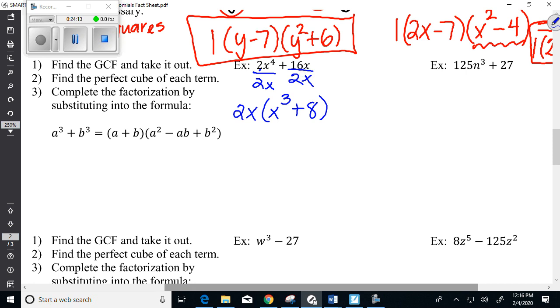Now, find the perfect cube of each term. So we're looking exclusively in the parentheses. X cubed is a perfect cube because you can rewrite it as x times x times x. 8 is a perfect cube because you can rewrite it as 2 times 2 times 2.